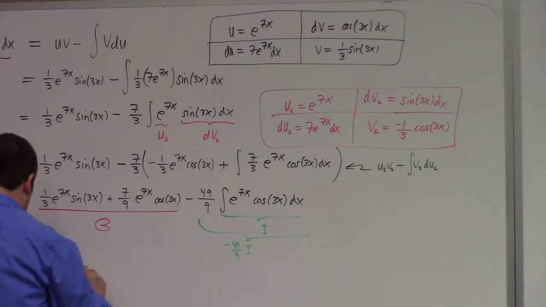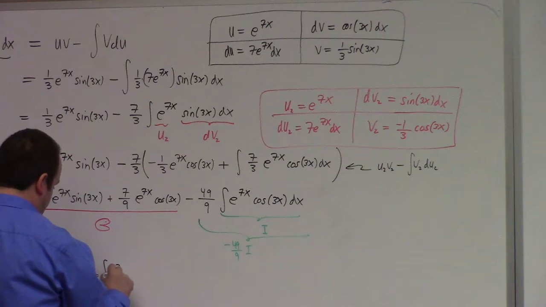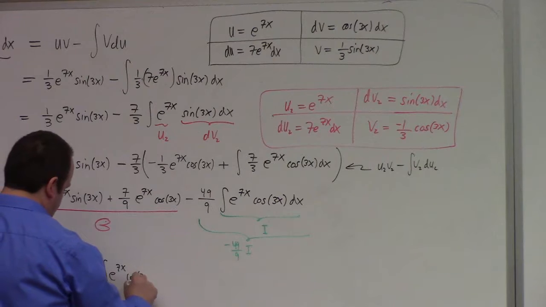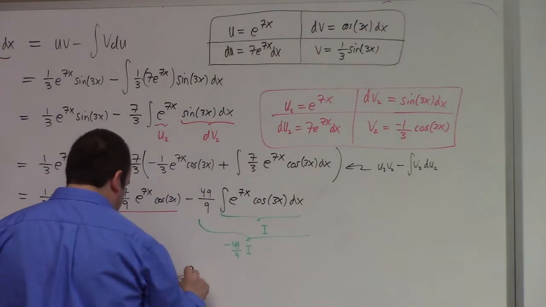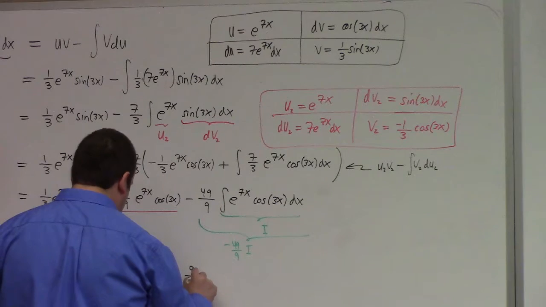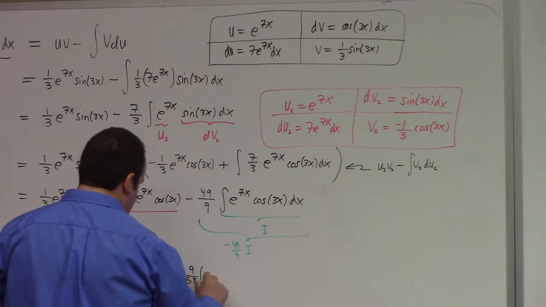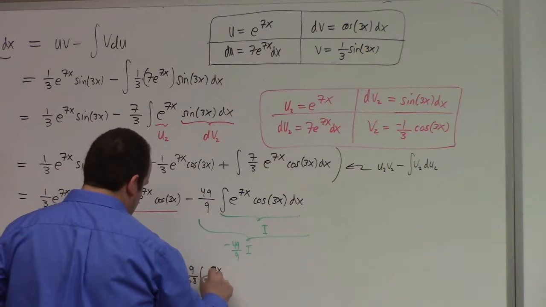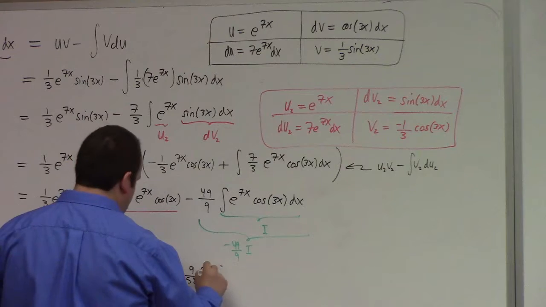Therefore, the integral I, which of course is the integral of e to the 7x cosine of 3x dx, is equal to 9/58 times e to the 7x... oh, sorry, 1/3.